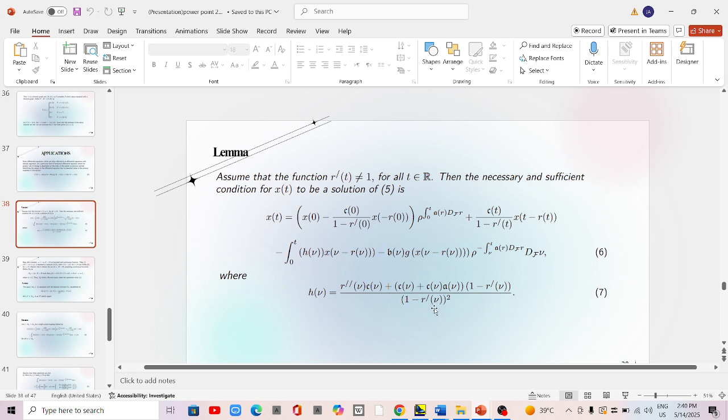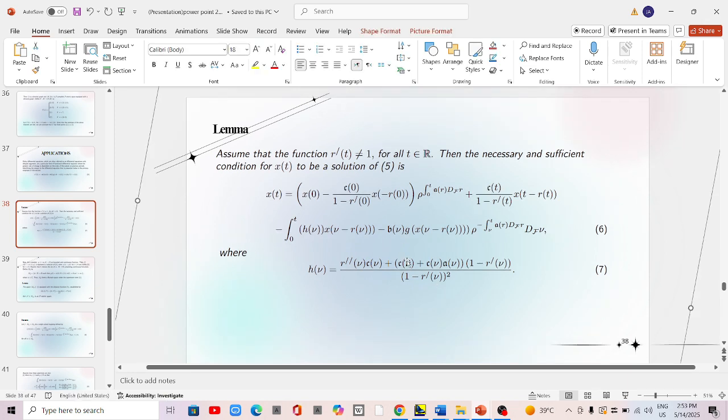So what will be the problem here? The system of equations given above will become unstable or unbalanced, and the solution x of t will become an unstable solution, or an ill-defined function, or in other words, it is not a well-defined solution.